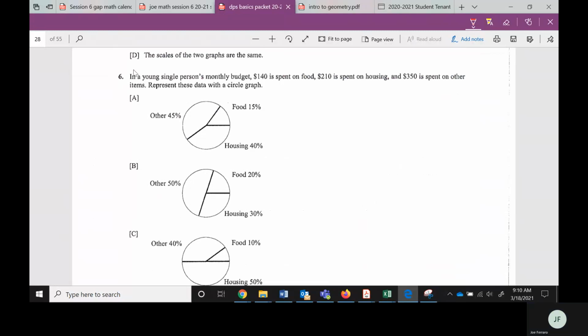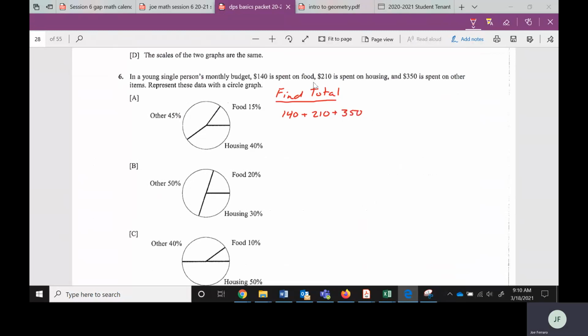So first thing for this type of problem, if they don't give you the total amount of money spent, you're going to find the total of whatever you're dealing with. In this case, it's money. Okay, so all you're going to do for that is take all the categories. So this one, there's only 3.